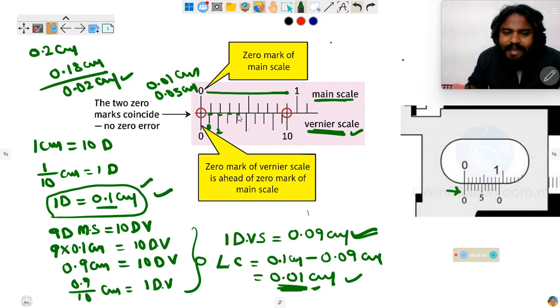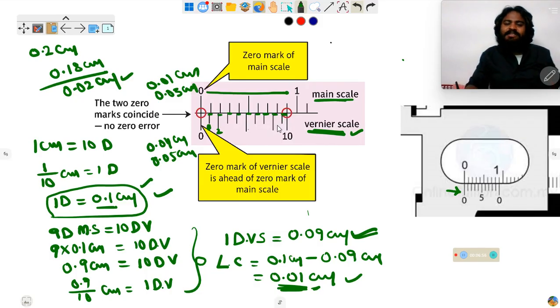Now can you guess the gap between these two? It is like 0.04 centimeter. Now the gap between these two is 0.05 centimeter. Now this gap is nothing but 0.06, 0.07, 0.08, and this gap is 0.09, and the 10th one is coinciding.